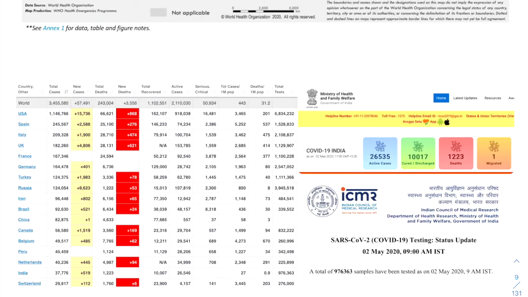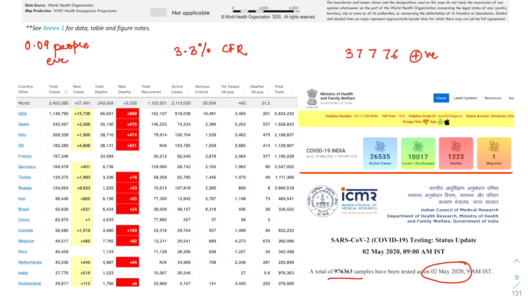Now considering the situation of COVID-19 in India. A total of 9.76 lakh samples have been tested as on 2nd May 2020, out of which 37,776 have turned out to be positive for COVID-19. The case fatality rate in India is at around 3.3%. This is the case fatality rate, that is deaths of around 0.09 people every 1 lakh population.